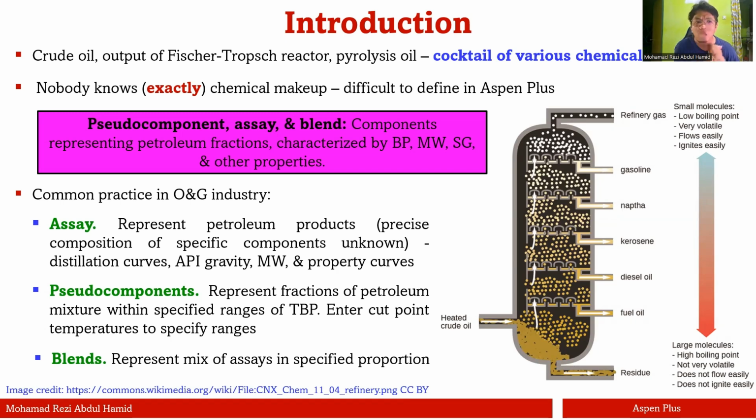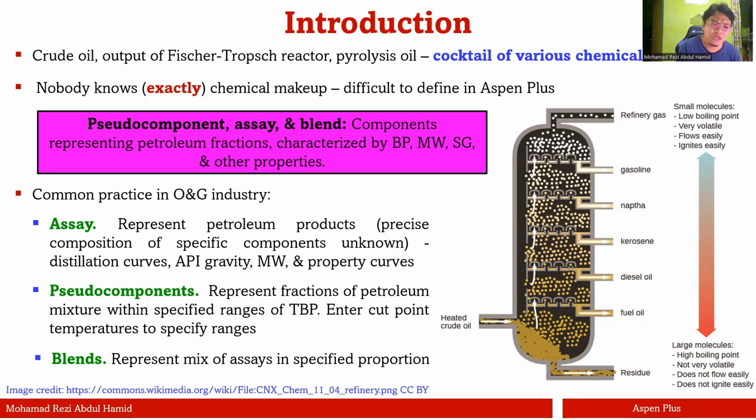In this case, we need to specify a distillation curve according to standard, maybe ASTM D86 and other types of standard, depending on what kind of data that you have. You also need to specify API gravity, average molecular weight, as well as their property curve. For example, pour point, amount of sulfur, cetane number, and stuff like that.